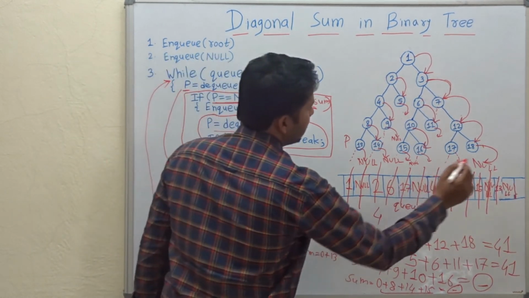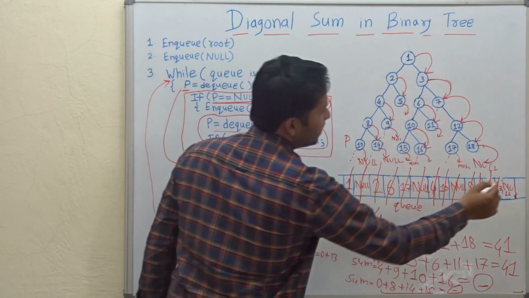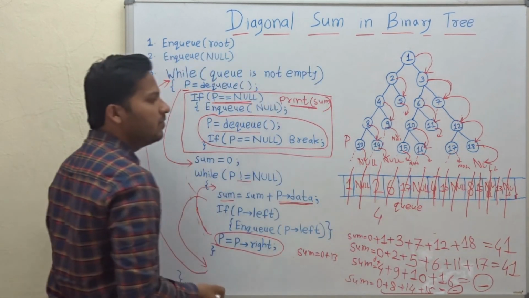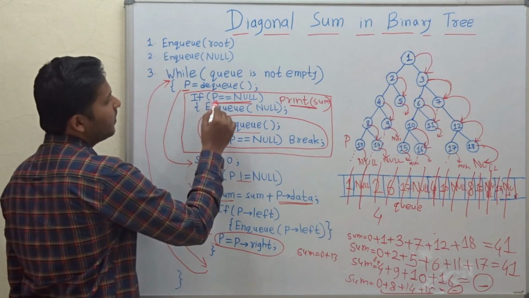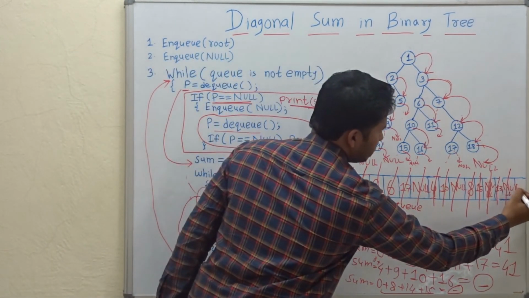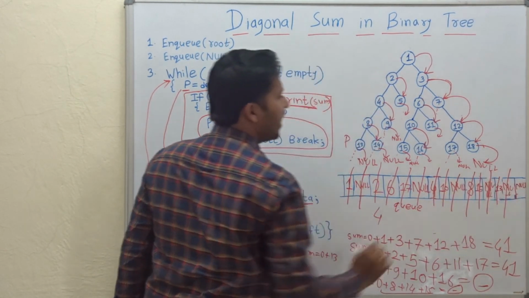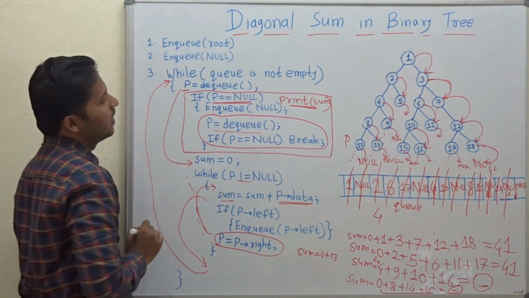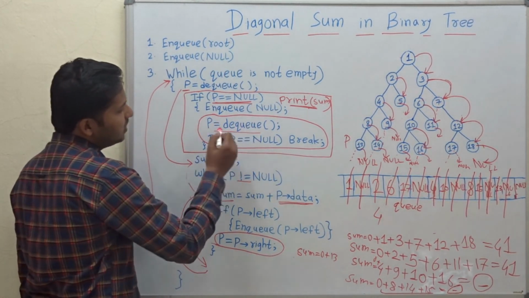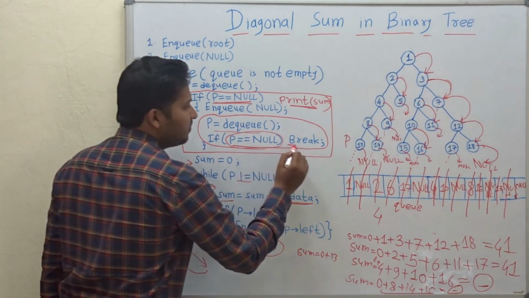And here, as we have encountered null here, we DQ again, and when we DQ again, we get null, and when we get null, we have to NQ another null. Now as we have NQ'd another null, when we DQ here, we get null again, and then we break.